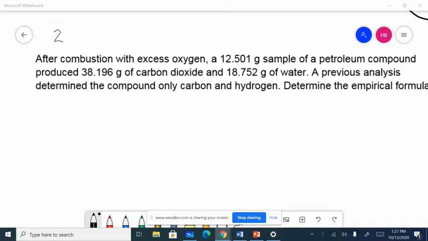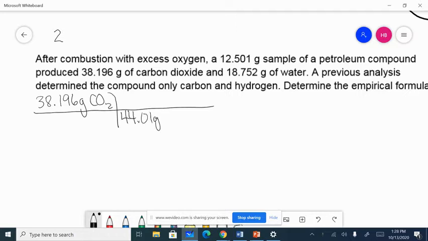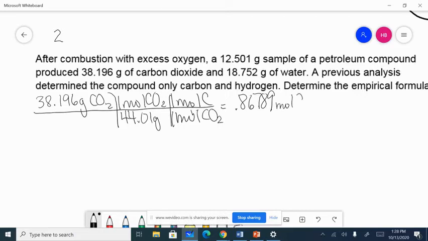We're going to do it exactly the same way. So 38.196 grams of CO2. And I'm going to pull the carbon out of the CO2. First, we have to change it to moles. And that's going to give us 0.86789 moles of carbon.